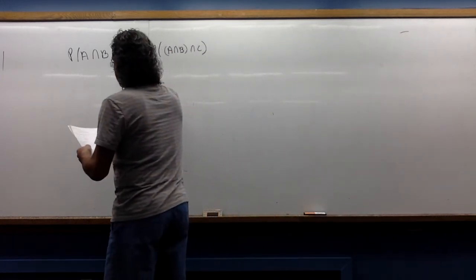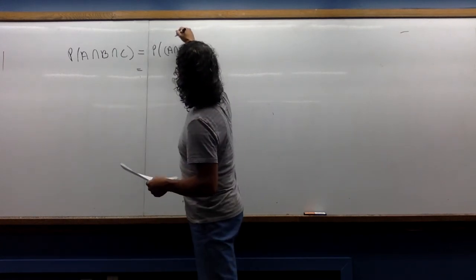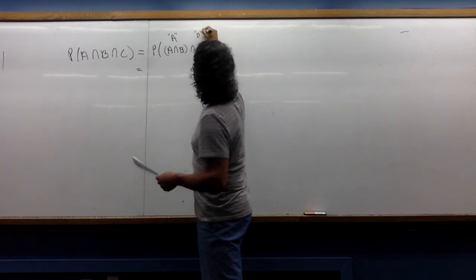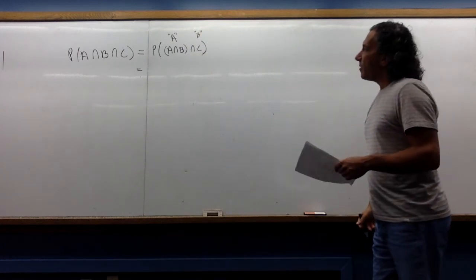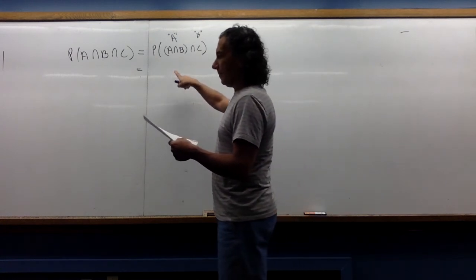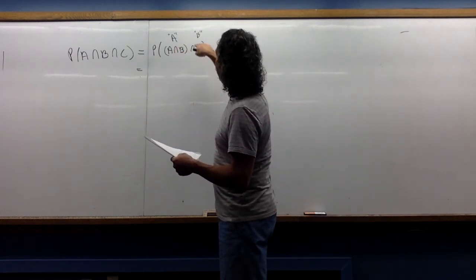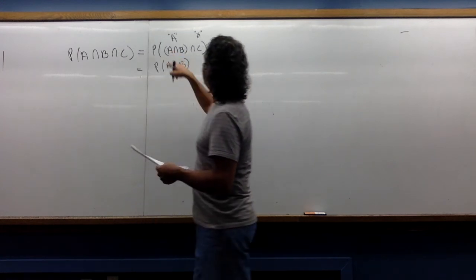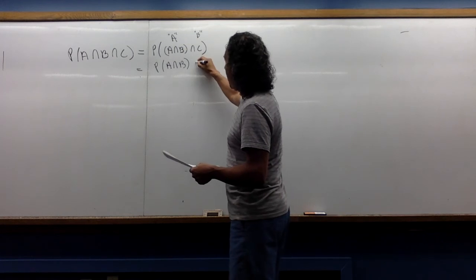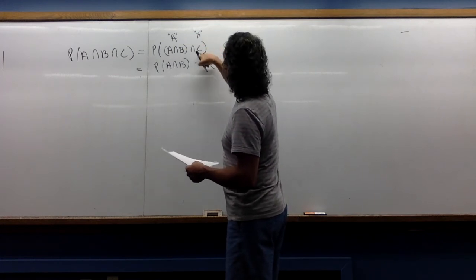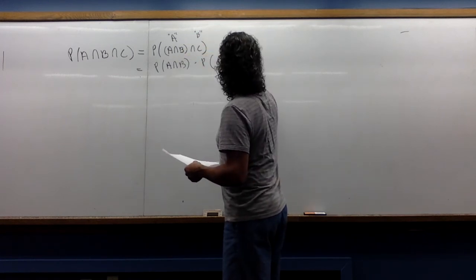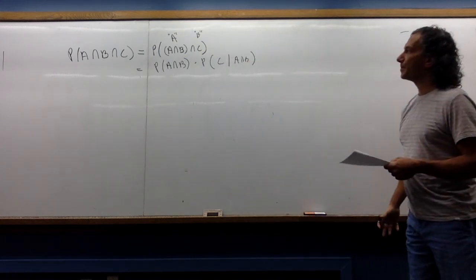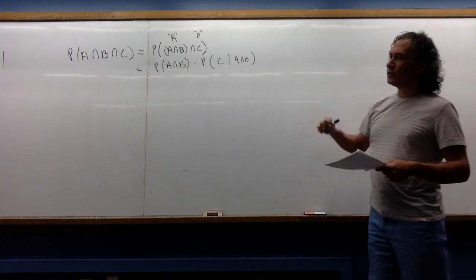Well, by the multiplication rule, I'm going to call this whole thing A and this guy B. So the probability of A and B is the probability of A, so that's my A intersect B, times the probability of my B given A. So pause the video, make sure you buy into that.